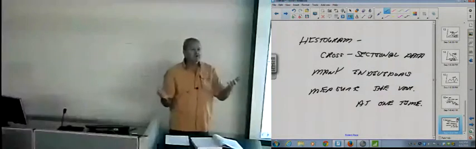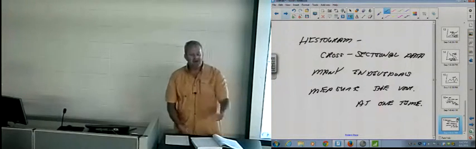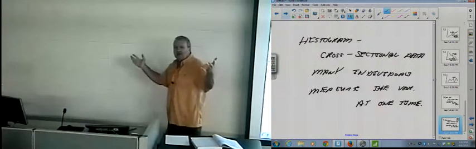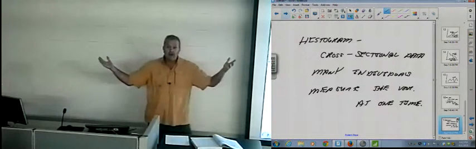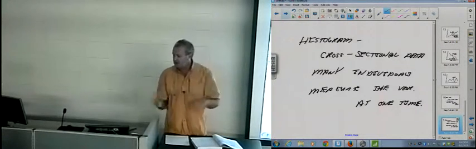Now, you're not moving across time. You picked a time, you got a whole set of individuals, and you're going to measure the variable in that set of individuals. That would be like going to the Everglades and picking out 20 different places, and let's all measure it on September 1st, 2015, measure all the water levels at all these 20 spots. That would be cross-sectional. One time, many individuals.